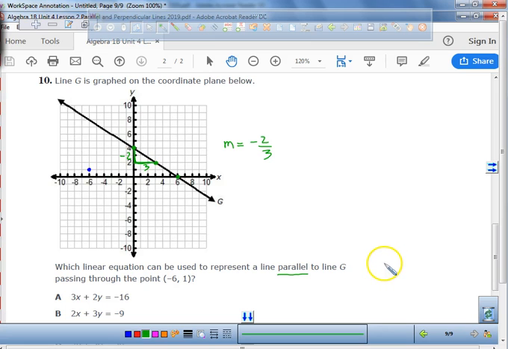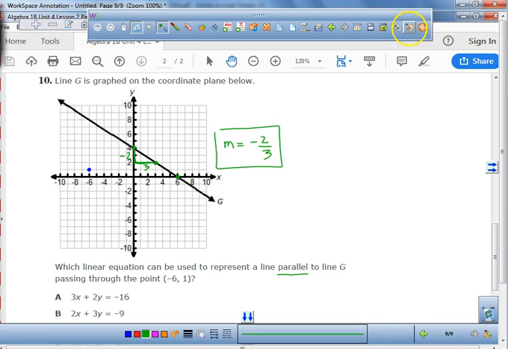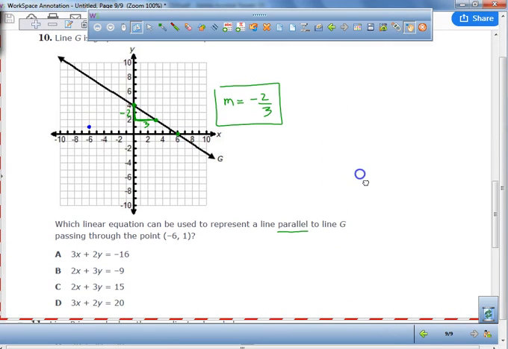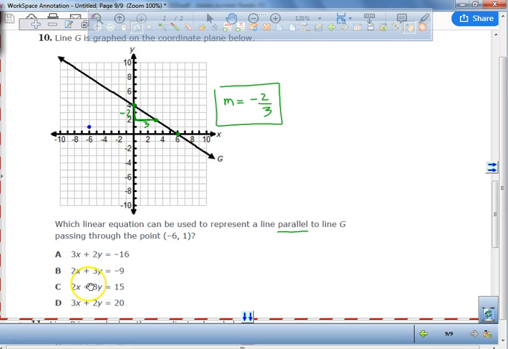So we have to find a slope of negative 2/3. It looks like we have A, B, C, or D. Only one of those is going to have a negative 2/3 slope and go through the point negative 6, 1.